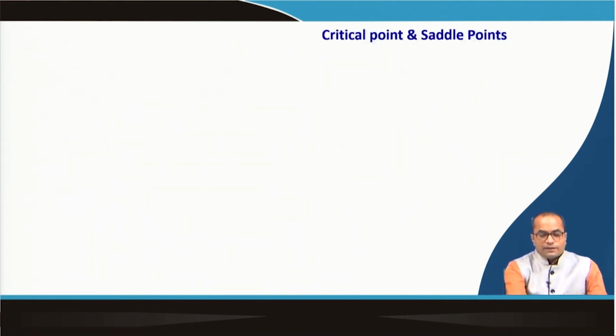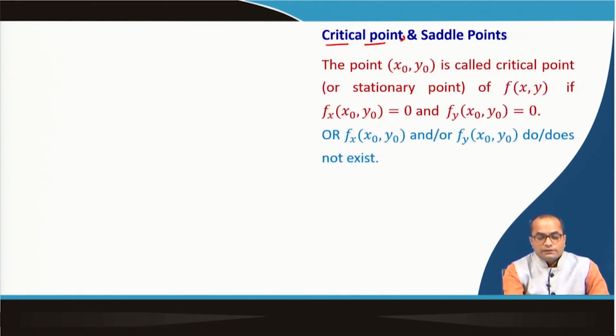Well, in this reference we need to introduce now the critical points and the saddle points. So, what are the critical points? The point x naught y naught is called critical point, or sometimes we call it as stationary point of a function f x y, if at this point the partial derivative with respect to x is 0 and the partial derivative with respect to y is also 0.